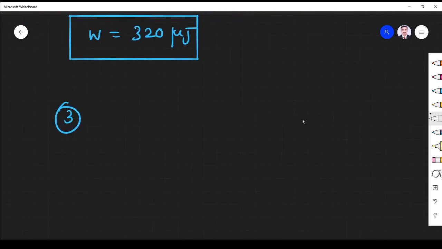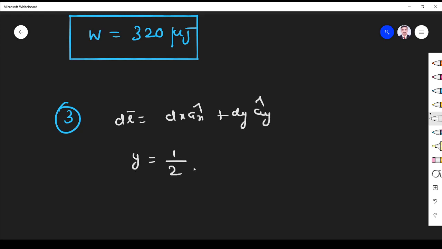Okay, what about this? Here dl is given by dx ax plus dy ay, and y is equal to 1 by 2 x. This implies dy is equal to 1 by 2 dx.